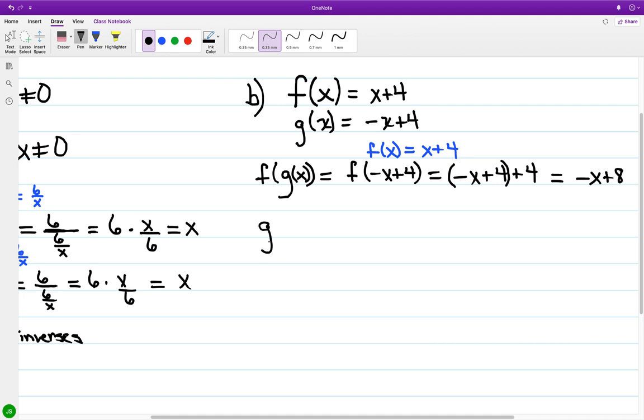And for g of f of x, we have f of x as the input, so we have g of x plus 4.